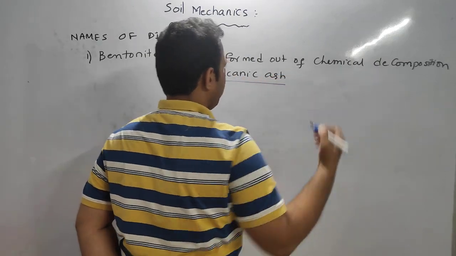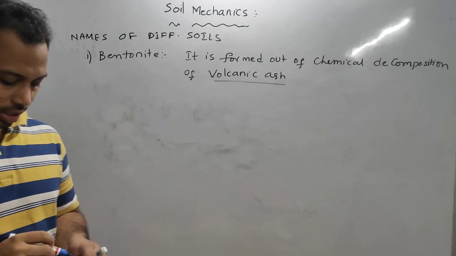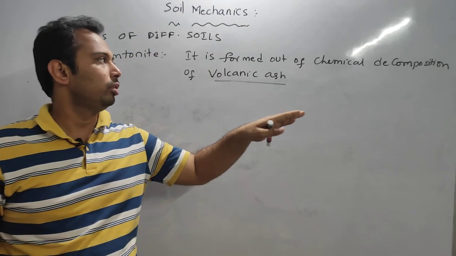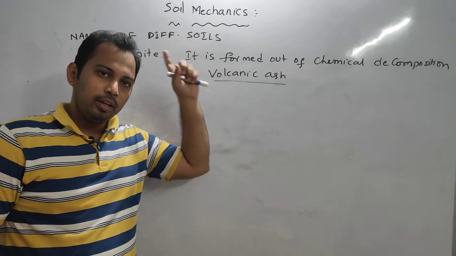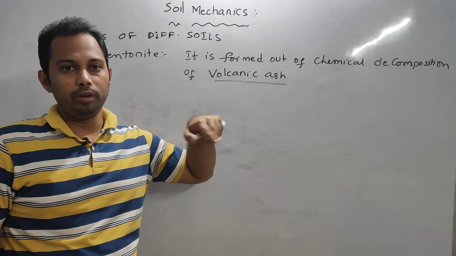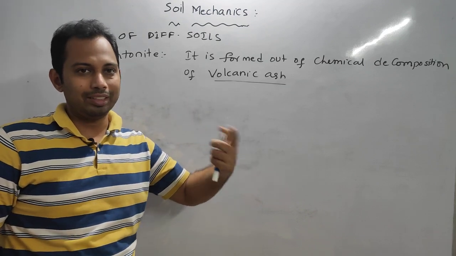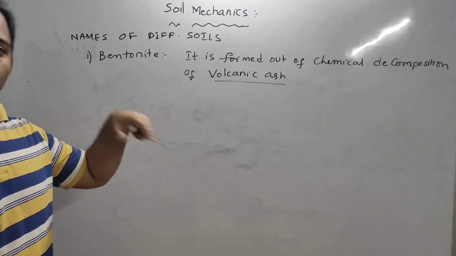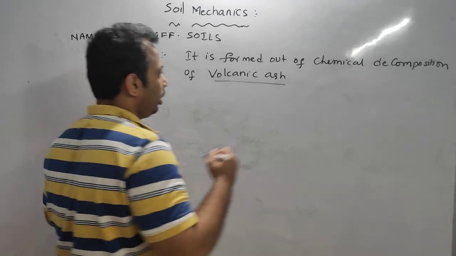Very, very important. Black cotton soil forms out of physical weathering of rock, basalt or trap. Here also it has montmorillonite in it.